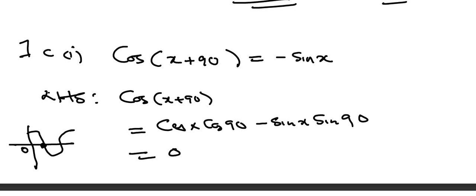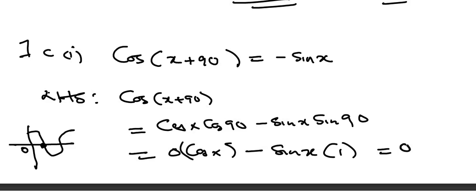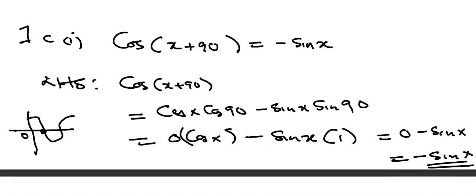So that's going to be 0 times cos x. Everything becomes 0 here. Then minus sine x times sine 90, which is simply a 1. So this will just be 0 minus sine x. This ends up being negative sine x as required. So we've shown it. Yeah, this is your C1, question 1C.